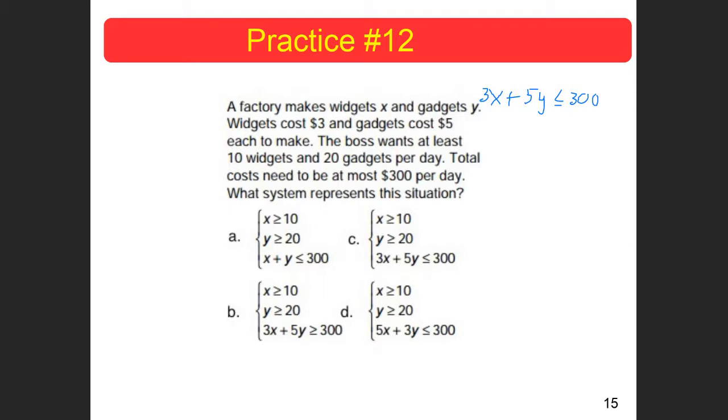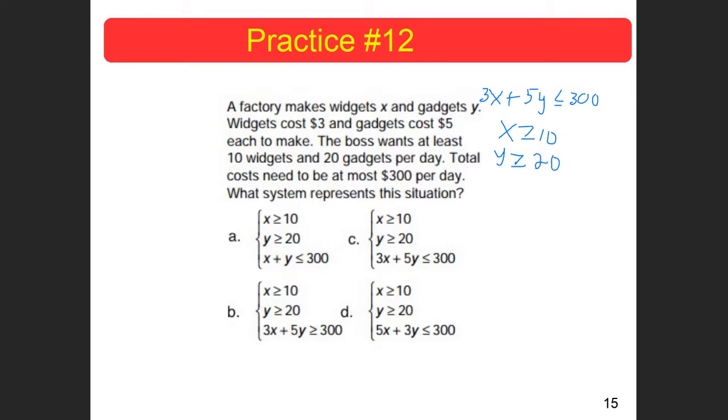The boss wants at least 10 widgets, so X has to be greater than or equal to 10, and 20 gadgets, so Y has to be greater than or equal to 20 per day.